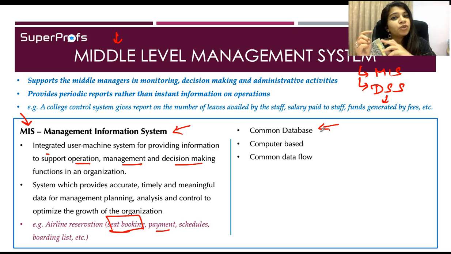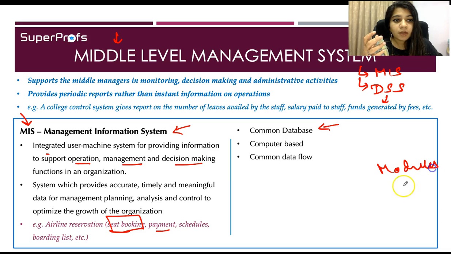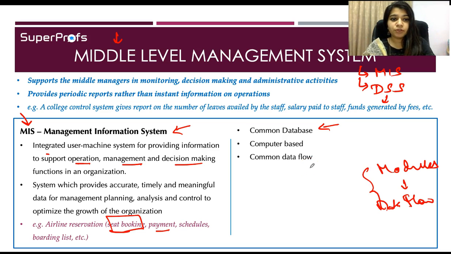Alright. Then it should have a common data flow. Alright. There should be different modules, but the data flow should be common across all these modules. So that also brings us to another characteristic, that it should be modular. Alright. Then it should be management directed and management oriented. Why?